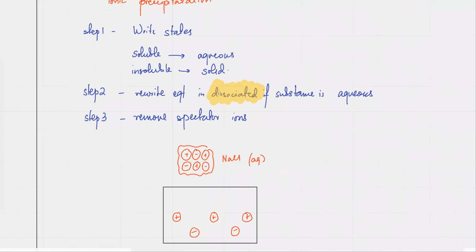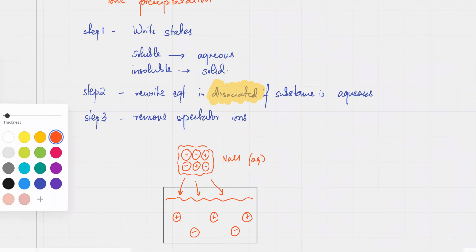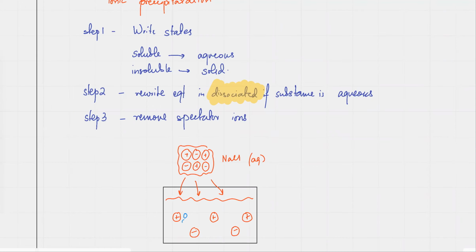When you vigorously stir them in water, all the ionic bonds, all the strong forces of attraction, are going to break, and the ions are not able to attract each other again because there are billions of water molecules in the way. They're not going to allow them to join up.